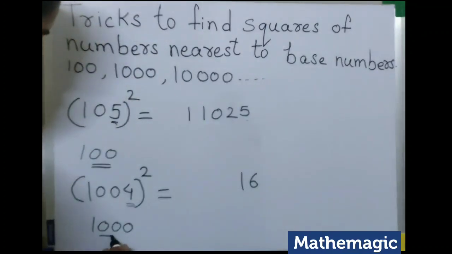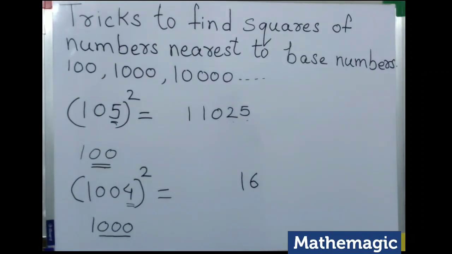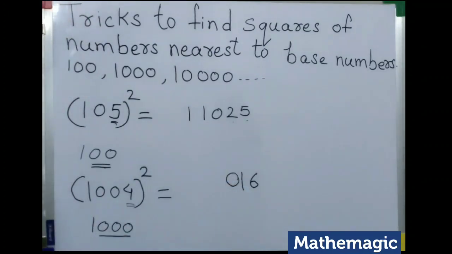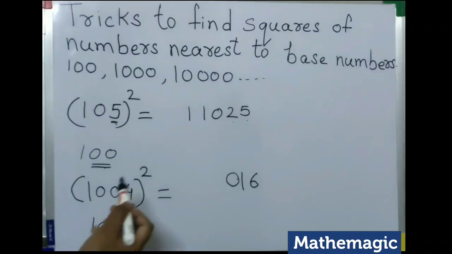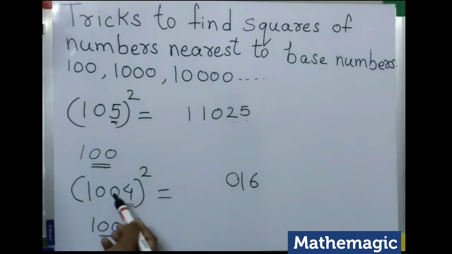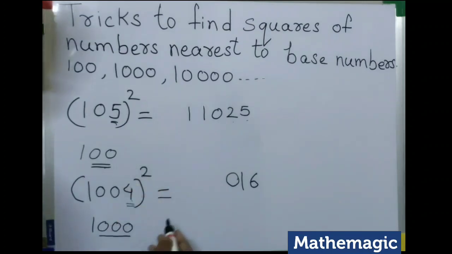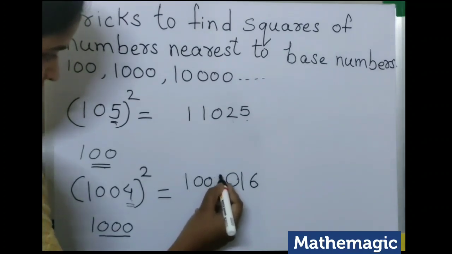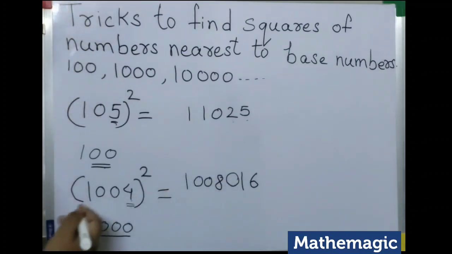But we are having 3 zeros in the number 1000 and we are having only 2 digits in 16. So we need to add one more zero over here. Now the next step was, we have to add the number 4 with the given number. So here the given number is 1004 plus 4 gives us 1008. So this is your square for the number 1004.